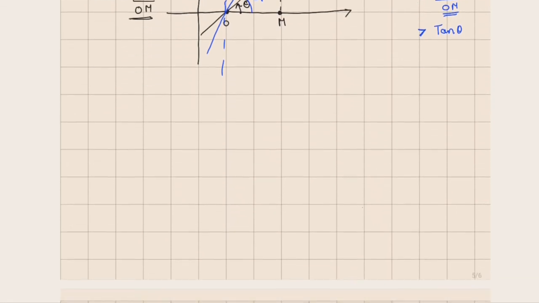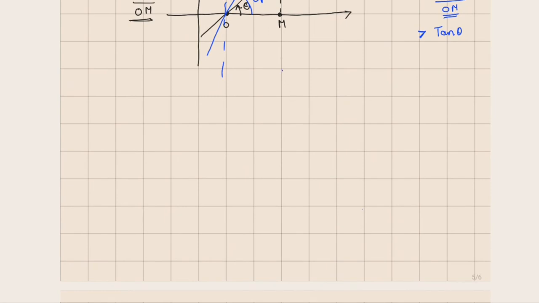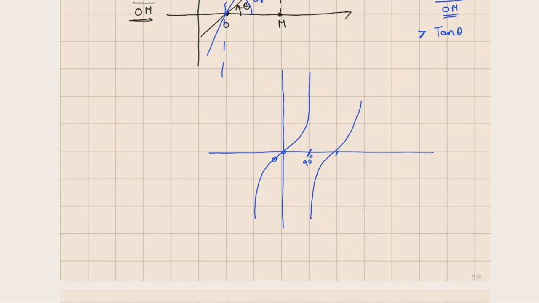Or you must have read the tan theta curve in trigonometry. Let's say this is 0 degrees, and this is 90. It looks like this. Tan 0 is 0. Tan 90 is undefined. Similarly, this is 90 degrees and this is 180 degrees. So this is tan theta.